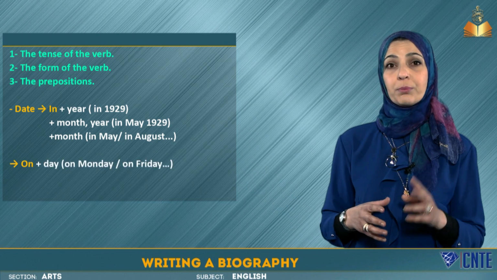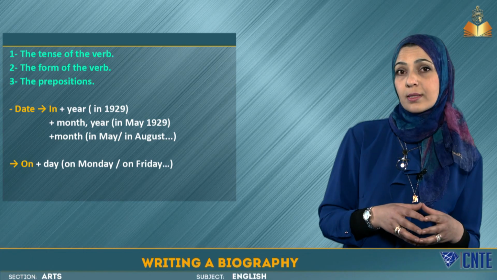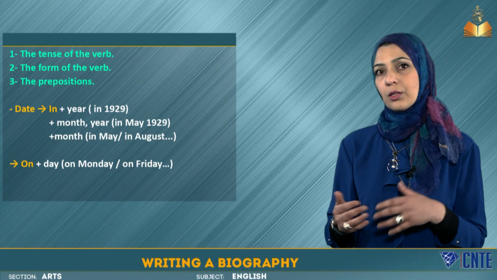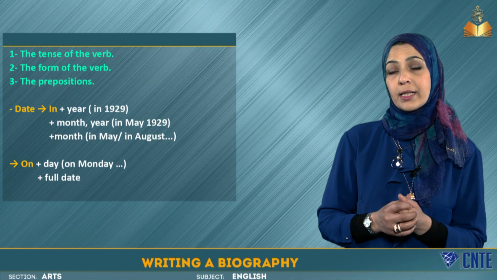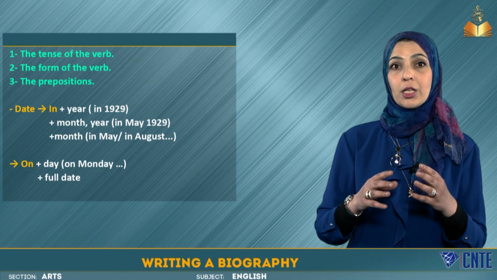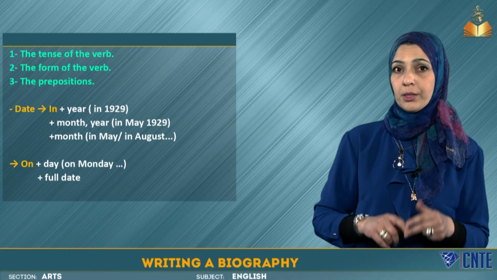The second preposition that we mentioned is on. We use it either if we have a day, like for example on Monday or on Friday, or it can be used if we have a full date, which means a date that includes the day, the month, and the year.